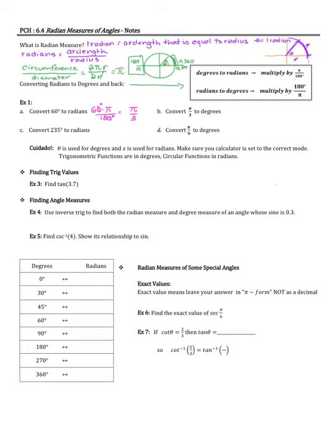If I had 235, now this one's a little less familiar, so I would write 235 times pi over 180. So we have degrees over degrees so that the degrees cancel. And hopefully you know how to use your calculator to reduce fractions, or I'd start dividing by 5 and then 5 again, and you're going to eventually get down to 47 pi over 36. That would be the equivalent in radian mode to 235 degrees.